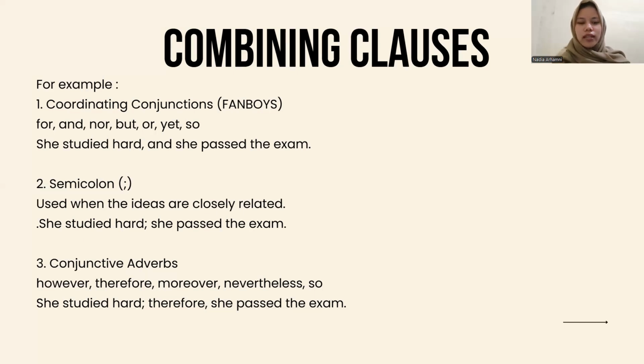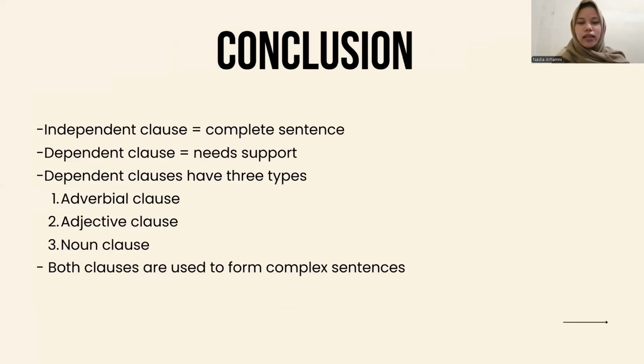Okay, and the last, conclusion. An independent clause is a complete sentence or complete idea, and a dependent clause needs support because the idea is not complete. A dependent clause has three types. The first one is adverbial clause, and then adjective clause, and the last, noun clause.